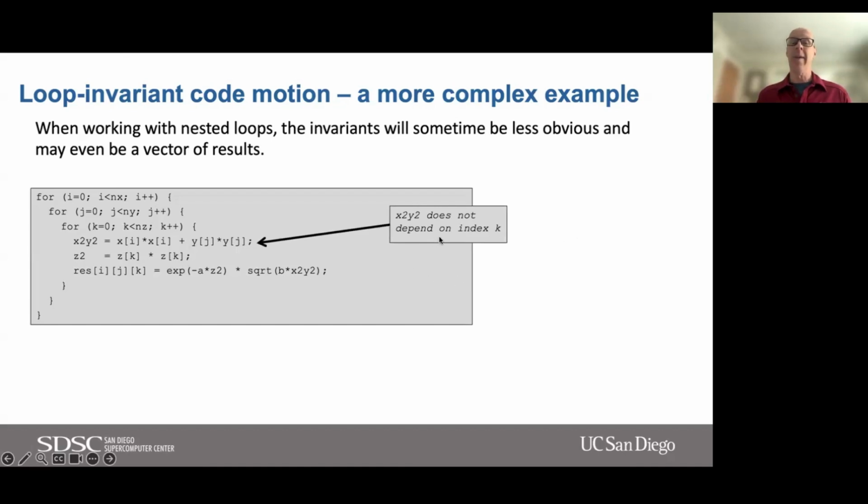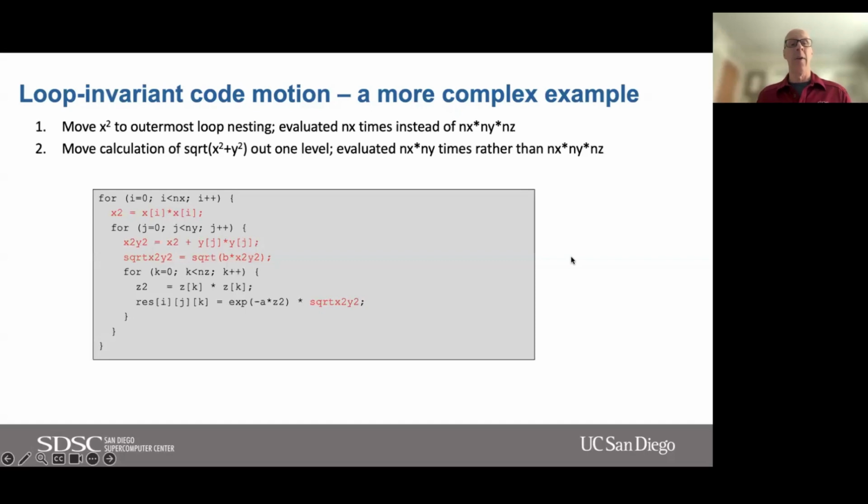If we start off, we can see that the quantity x squared plus y squared does not depend on the index k. So I could pull it outside of that innermost loop. Likewise, the square root of b times x squared plus y squared does not depend on the index k. So I could move the calculation of x squared to the outermost loop nesting.